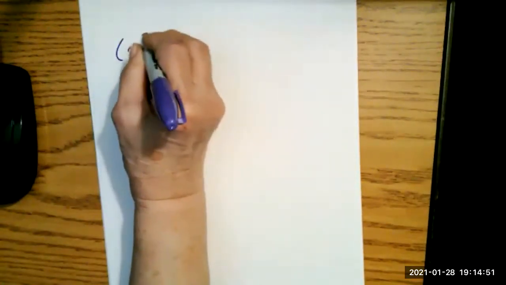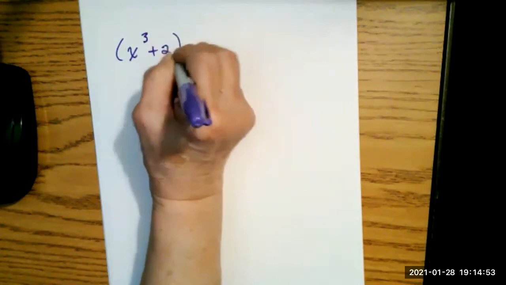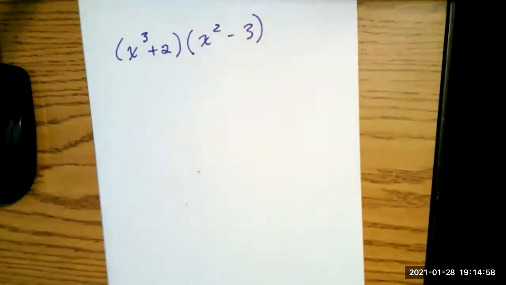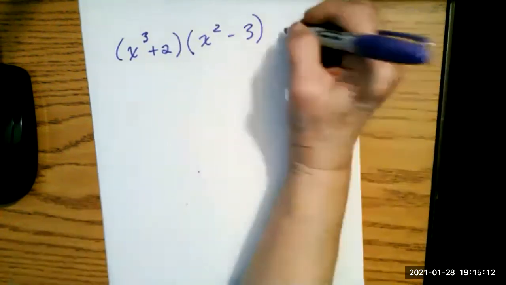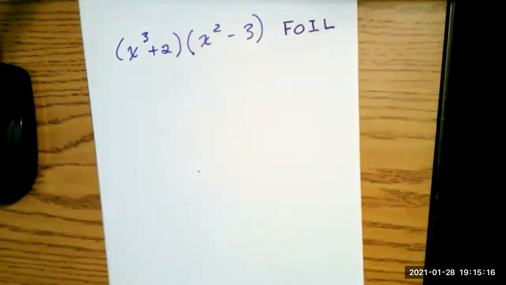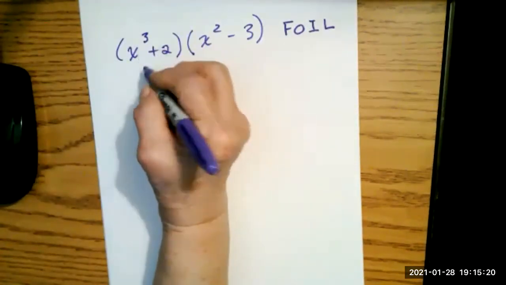What if we had x to the 3rd plus 2 times x to the 2nd minus 3? Anybody remember what we did with those kinds of problems? We distributed, but there was a special name they called it, FOIL. First, outer, inner, last. Do you remember that? And it's the same thing as distributive.